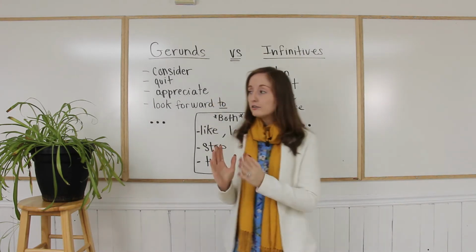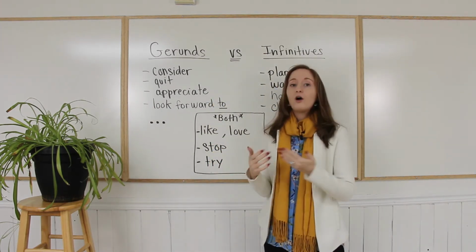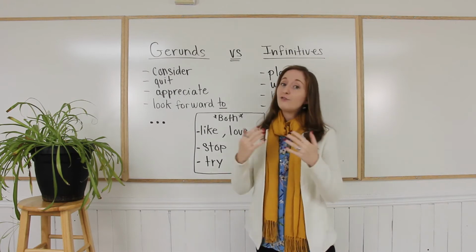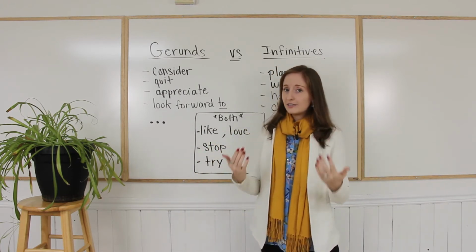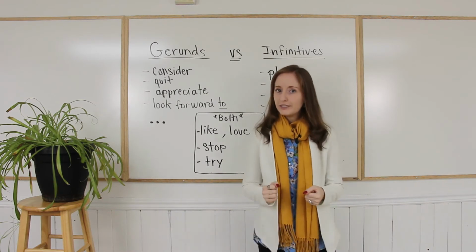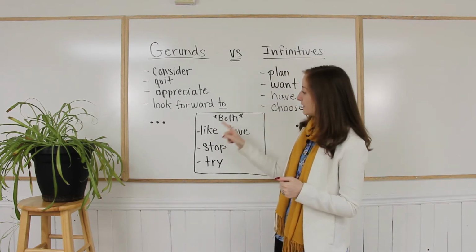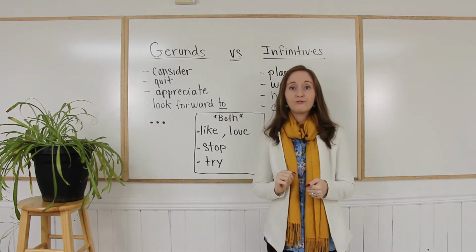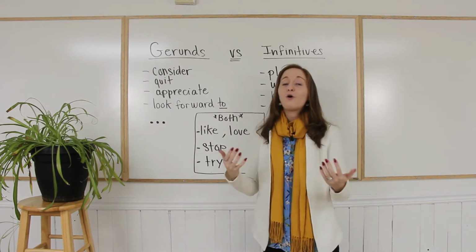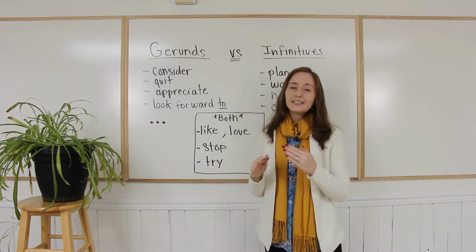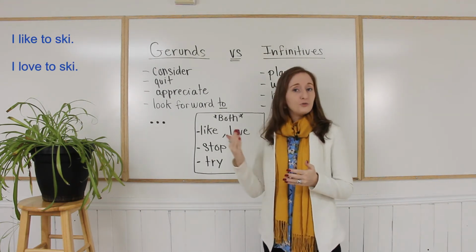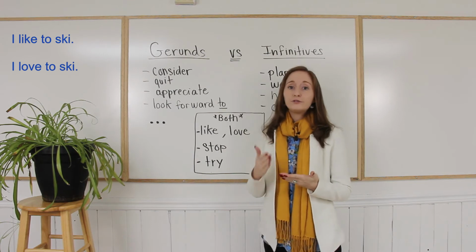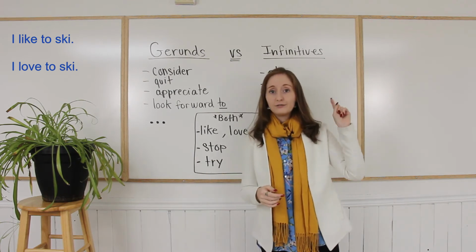But there are some exceptions that I have here where you can use an infinitive or a gerund after, and either the definition is the same or very, very different. So, for example, here, the verb like and the verb love. You can use an infinitive or a gerund with practically no difference. Example, I like to ski or I love to ski with an infinitive.